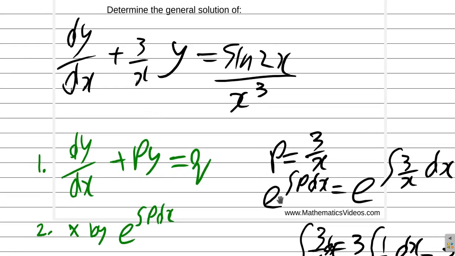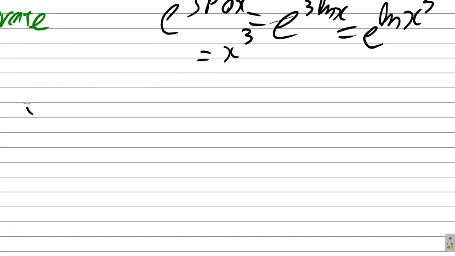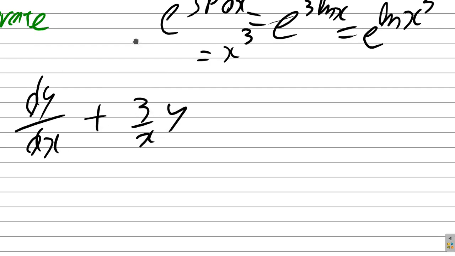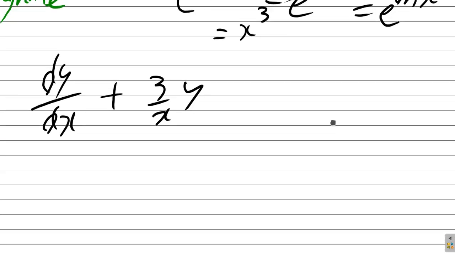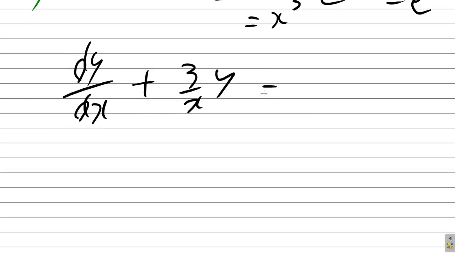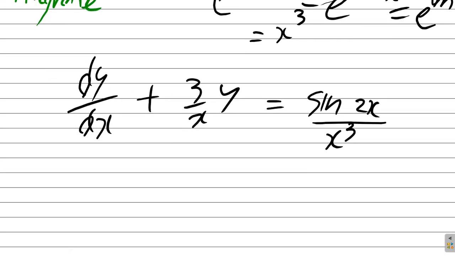We have dy/dx plus 3 over x y equals sin 2x over x cubed. We're going to multiply both sides by x cubed. So what happened here?